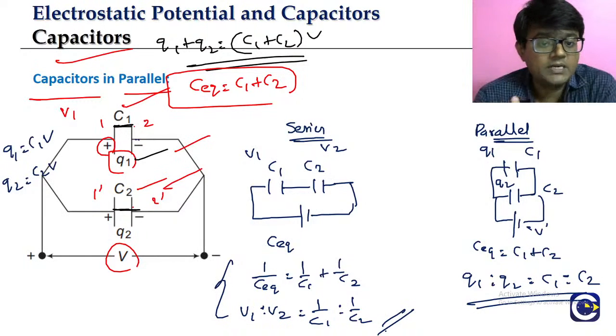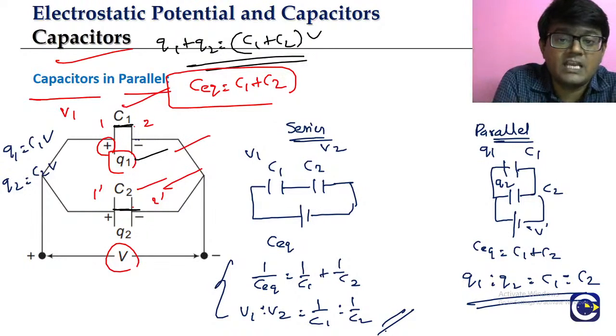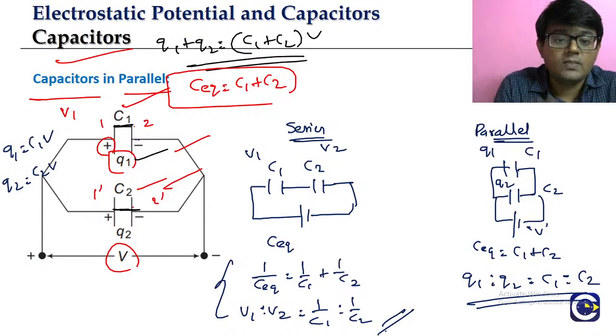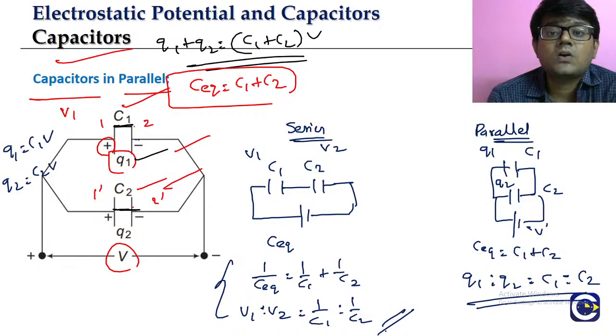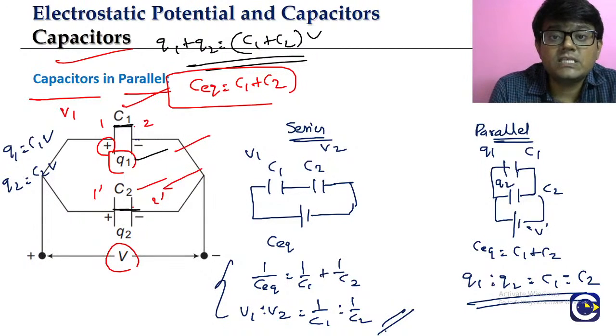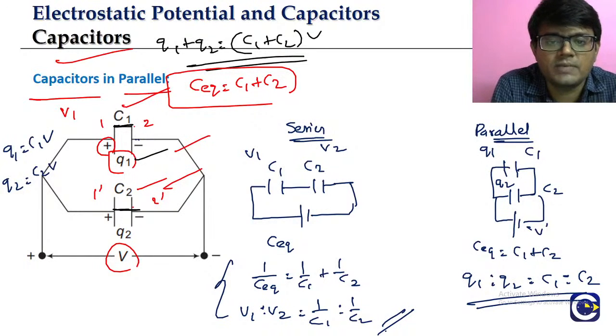So parallel combination arrange பண்ணா C equivalent is C1 plus C2, அப்படி போயிட்டே இருக்கும். 3 capacitors means C1 plus C2 plus C3, 4 capacitors means C1 plus C2 plus C3 plus C4. So by using a parallel combination of capacitors we can achieve very high capacitance value.